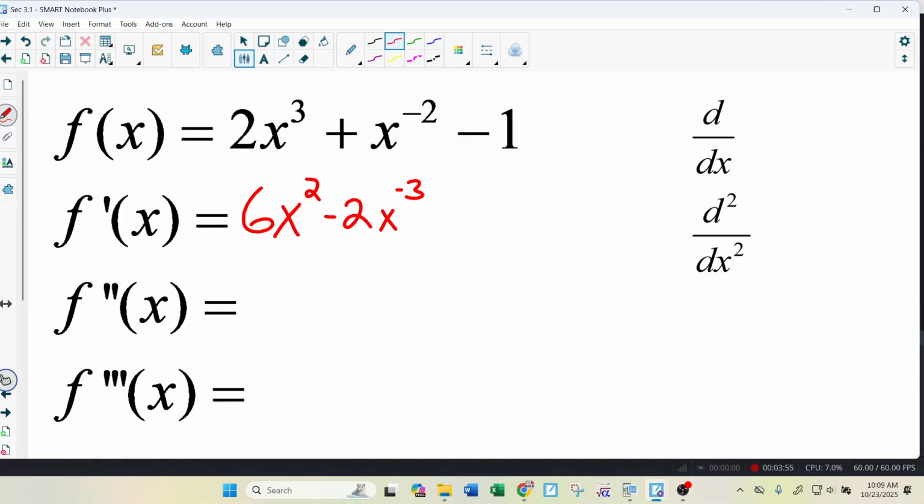That's the first derivative. Now, let's take the second derivative. We just do the derivative again. Bring down the 2. Bring down the negative 3, which would be plus 6x. Subtract 1 again. You get negative 4. Try doing the third derivative.